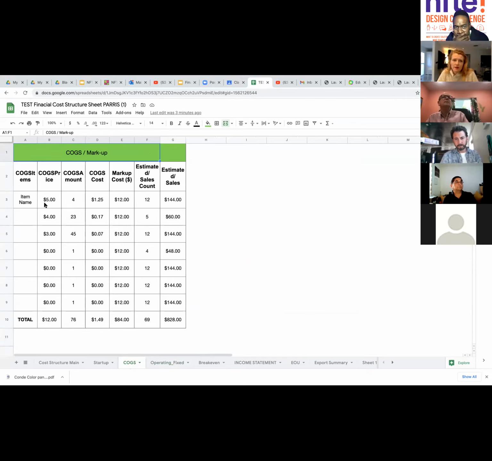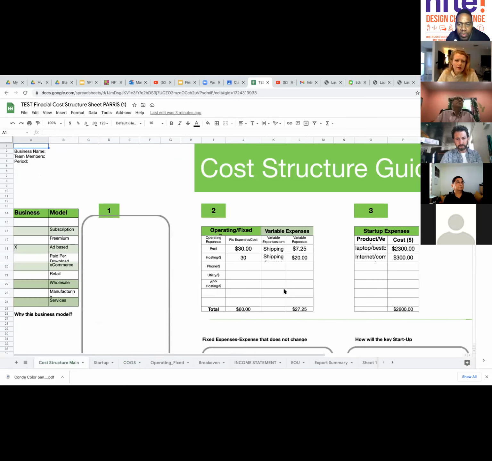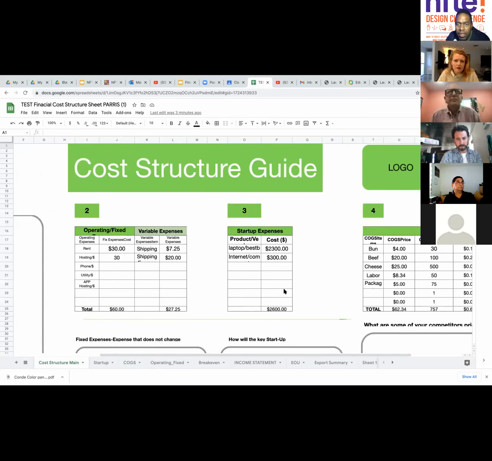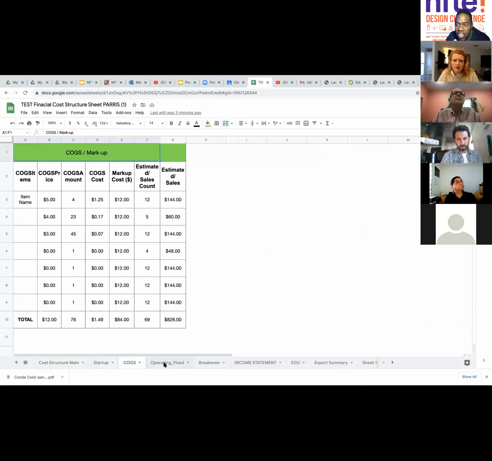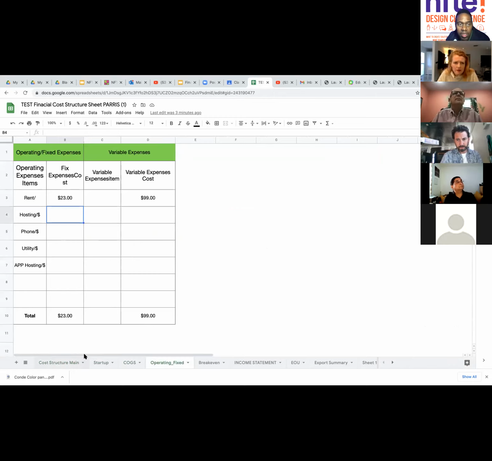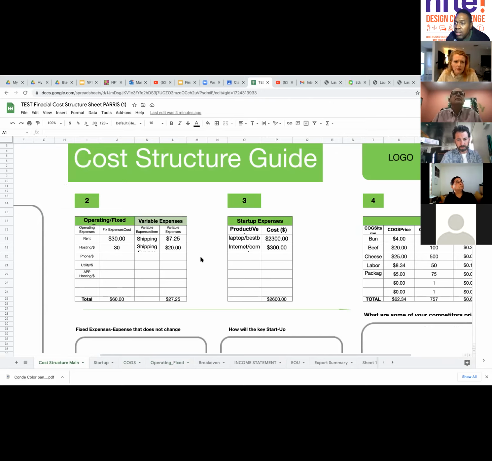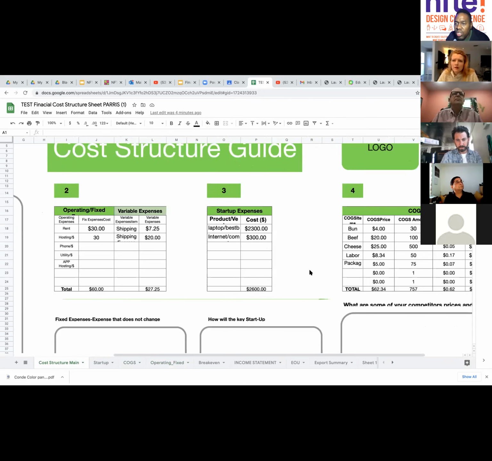For example, let me give an example here. Let's go to the main one. Now, this one here is everything put together in one section. So you see all these different charts. I went ahead and put them all in one spot so the kids could work in one location.